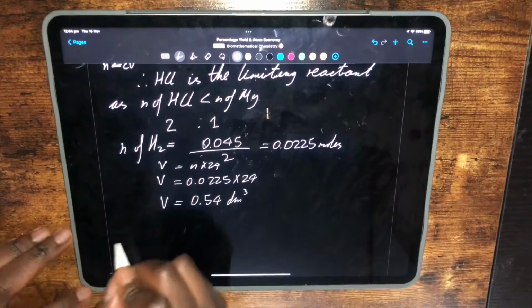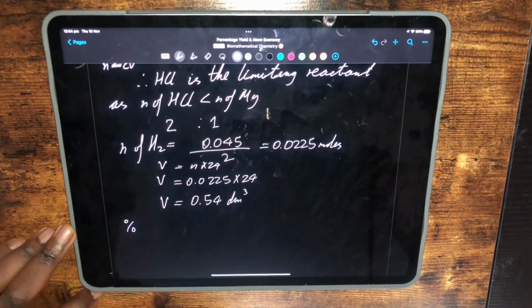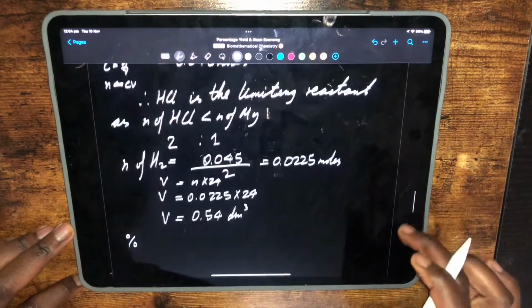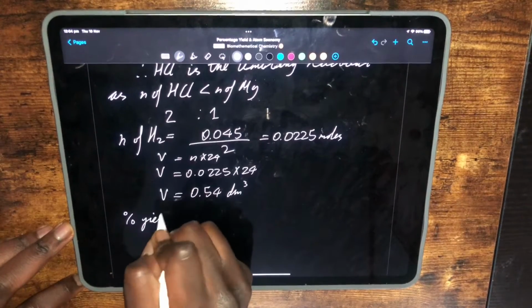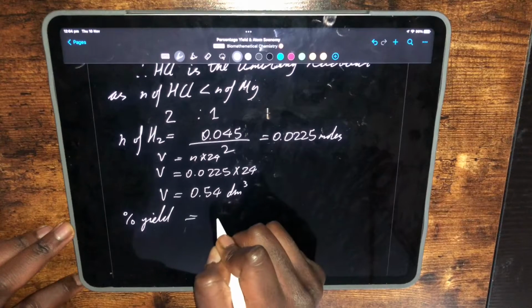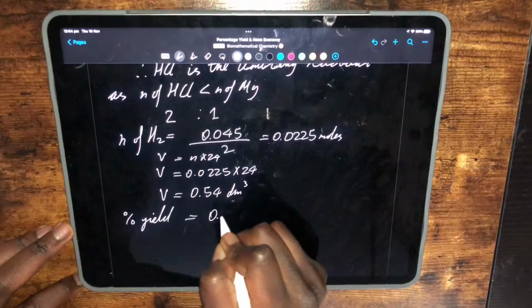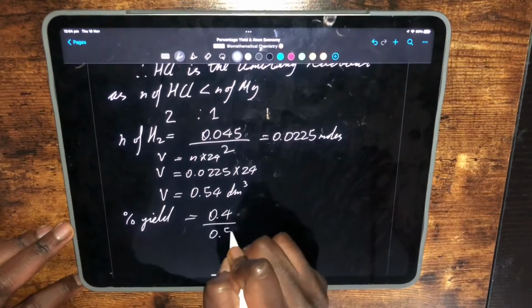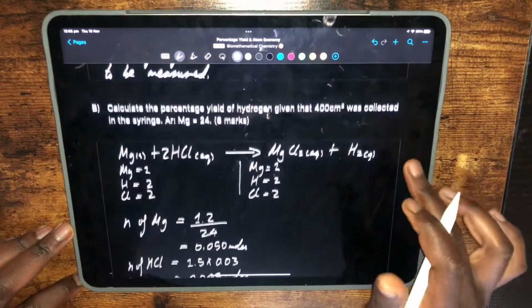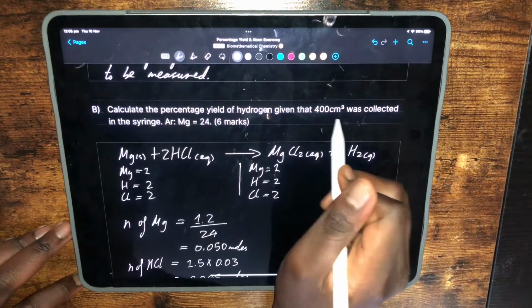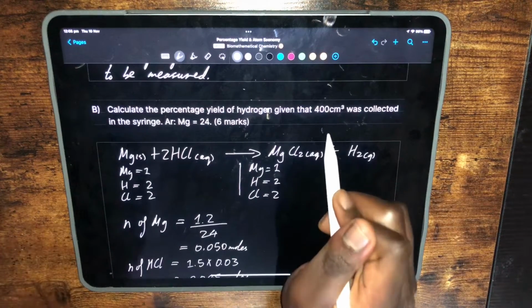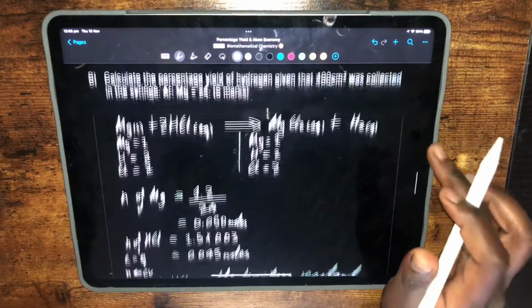And if we want to work out the percentage yield, it will just be 0.4 over 0.54, because our volume of hydrogen formed is 400 centimeters cubed, which is 0.4 decimeters cubed.